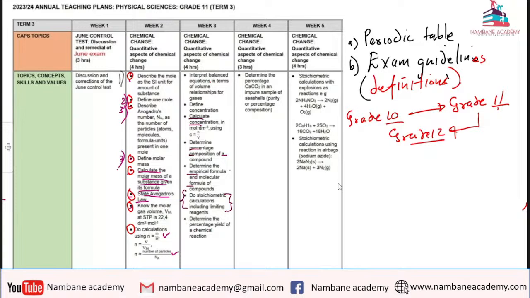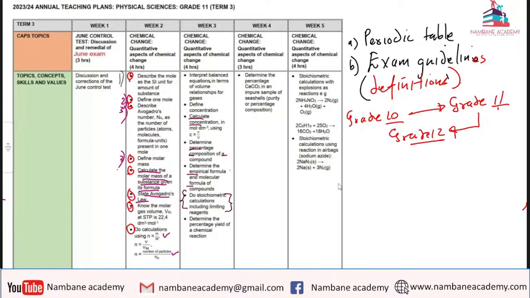We are going to cover week 3, bullets 1, 2, 3, and 4. And then tomorrow we are going to incorporate that with the stoichiometric calculations of the limiting reagent. So that is the only new part that will be there in the grade 11 syllabus.